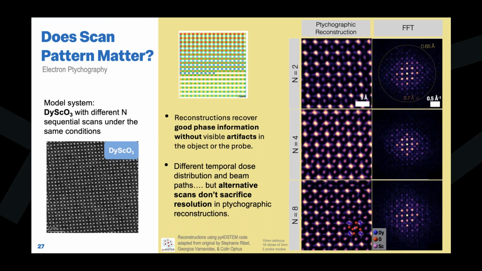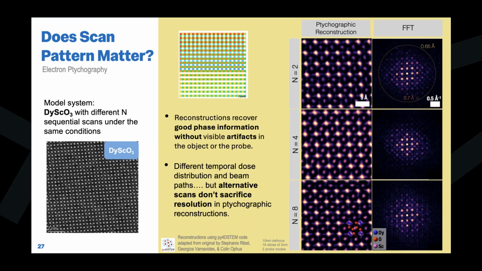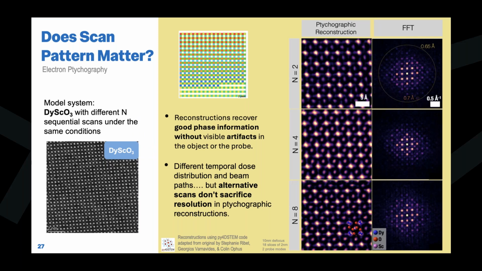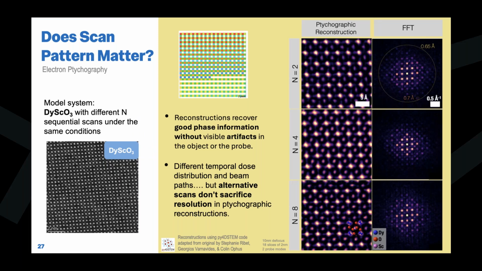And we tested this for different pixel jumps, in this case, n equals 2, 4, and 8. Under the same acquisition conditions and same reconstruction conditions, these ptychographic reconstructions were done with Pi4DSTEM. We realized that there's not a lot of change in the lateral resolution for the same parameters but bigger pixel jumps.